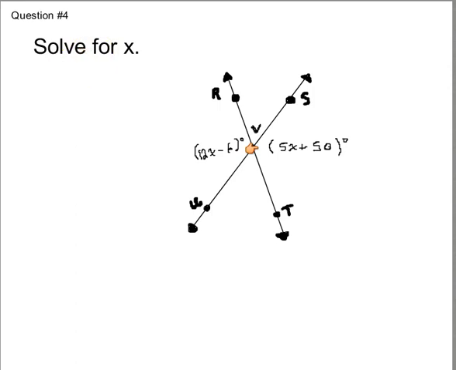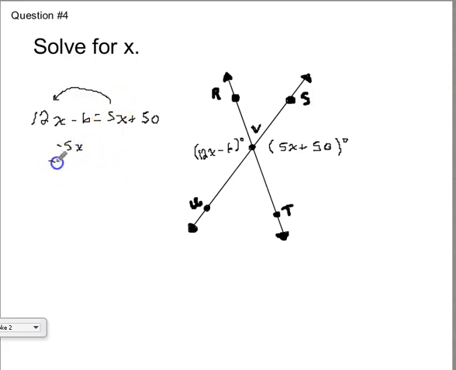So if we want to solve for X, we of course just set them equal to each other. 12x minus 6 equals 5x plus 50. This should be elementary to you guys at this point. We're going to bring the 5x over and subtract it.